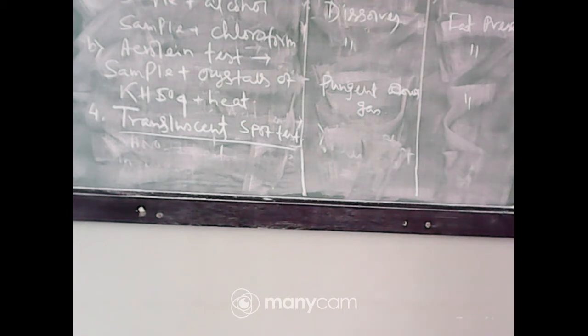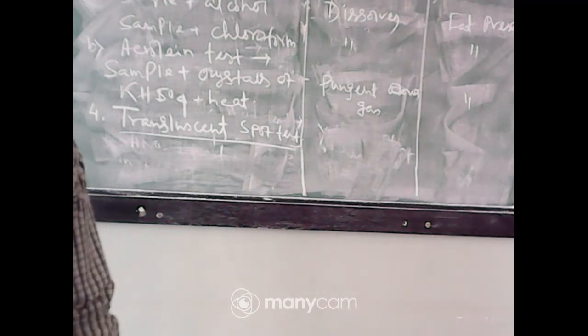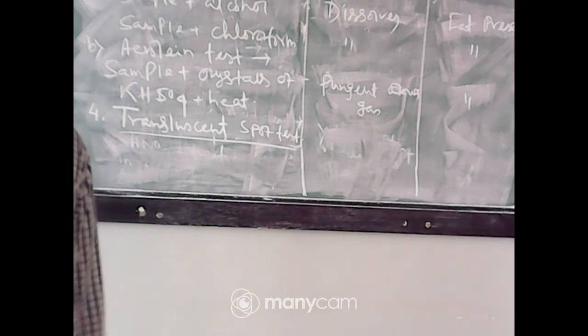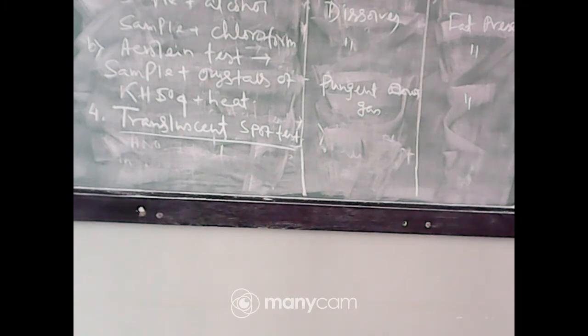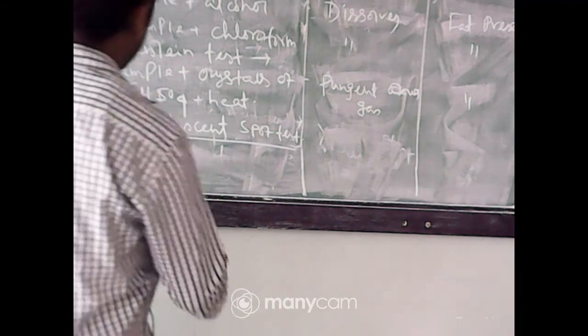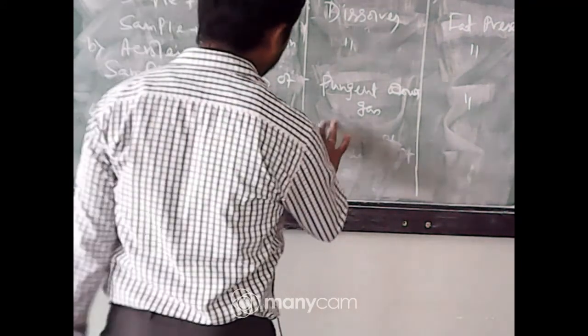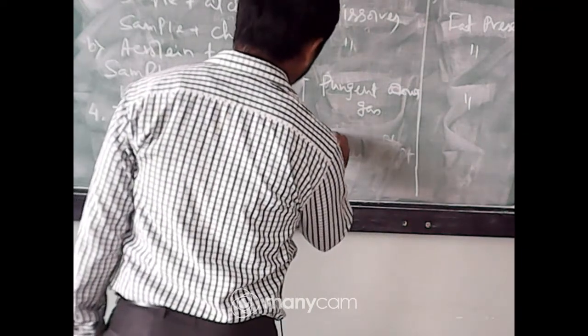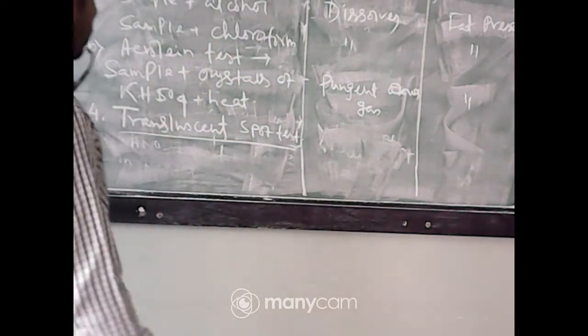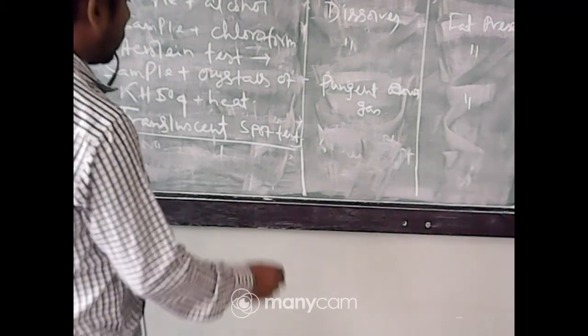If you see that a spot is observed, that does not evaporate, that is called the translucent spot test. When it is dried enough, the area of the spot will increase even on heating. So this is the experiment, the translucent spot test.